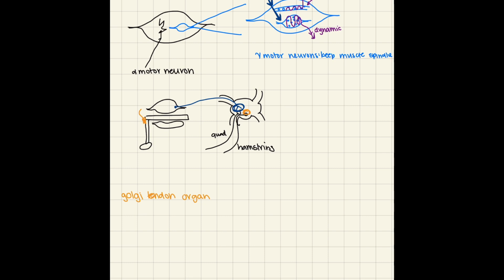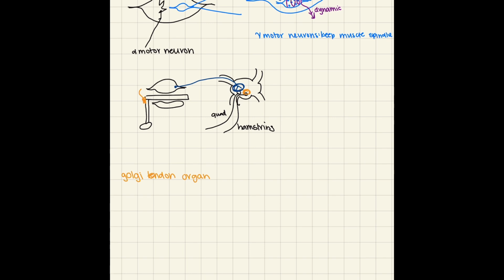So this Golgi tendon organ is there so that we can prevent overstretching.